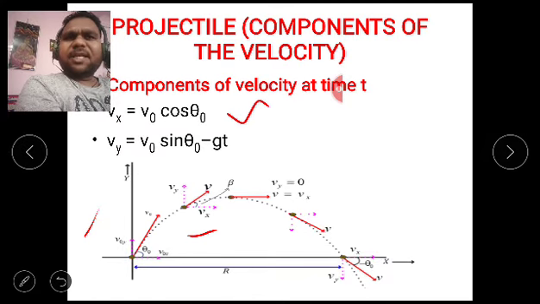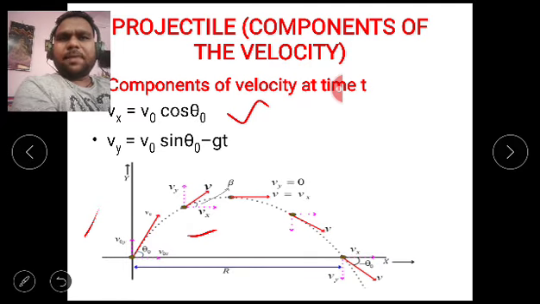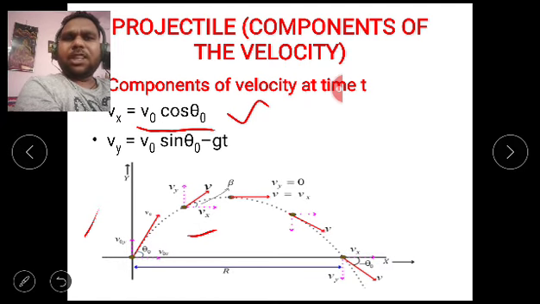If we consider air resistance, then the horizontal component of the velocity will not remain constant, but for all practical purposes we are assuming air resistance is negligible in comparison to acceleration due to gravity. So whenever we talk about the component of the velocity at time t along the x-axis, we consider it constant, that is vx equal to v0 cos theta 0. That means the horizontal component of the velocity always remains constant throughout the trajectory of the projectile.